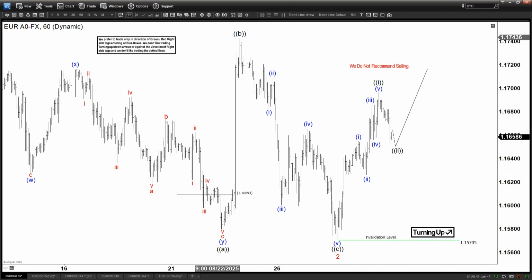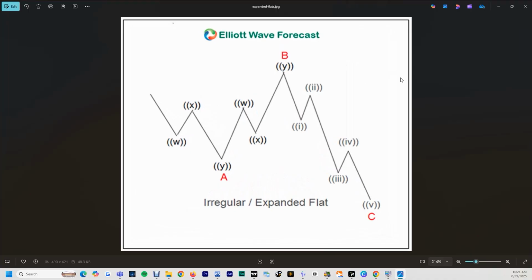Let me see if I have the general structure for expanded flat. So here is the general structure of expanded flat. It is basically what we call a 3-3-5 structure, because of the subdivision. Expanded flat is labeled ABC.